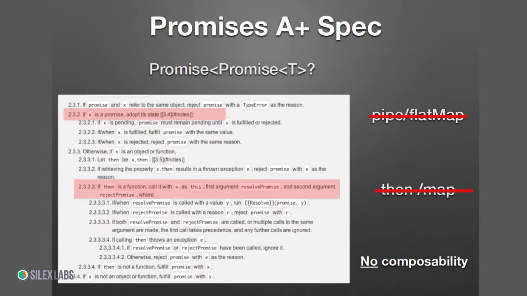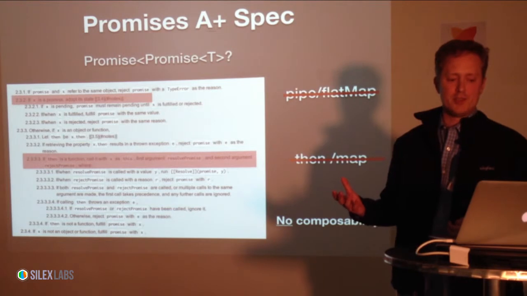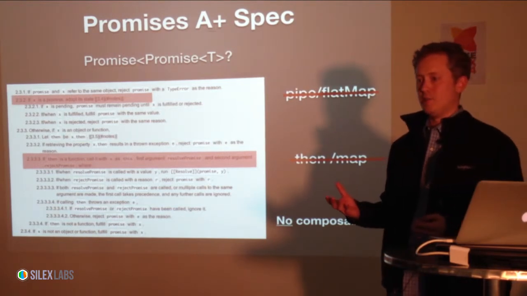So if the promise is another promise, then you have to adopt the state of that value, which is preventing you from doing conventional flat map or these types of operations that let you do the do notation.